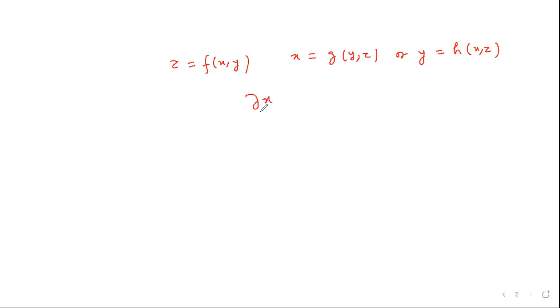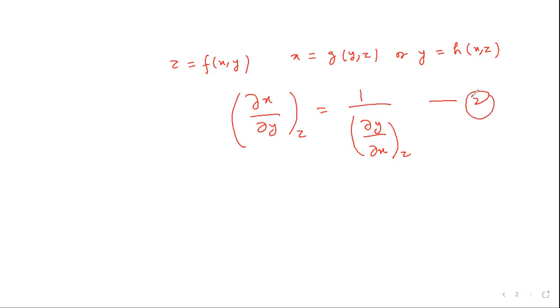We can write ∂x by ∂y, keeping z constant, as the reciprocal of ∂y by ∂x, keeping z constant, right? I name it second in this lecture.